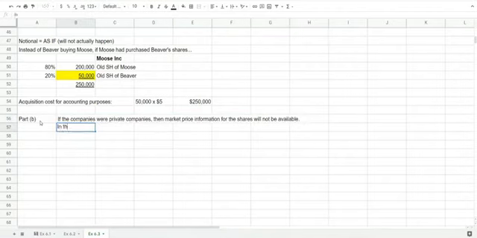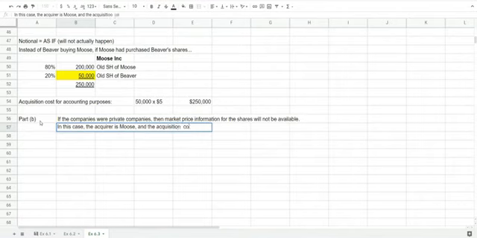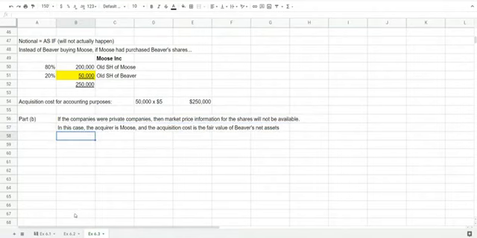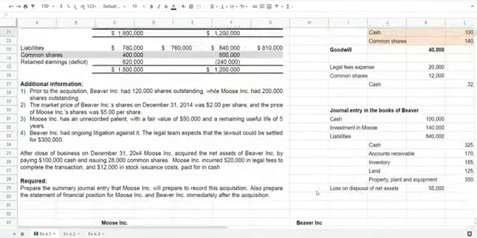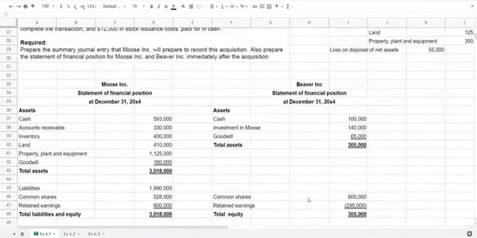In this case, the acquirer is Moose, and the acquisition cost is the fair value of Beaver's net assets. Fair value of Beaver's net assets, which I believe we've already done the math up here.